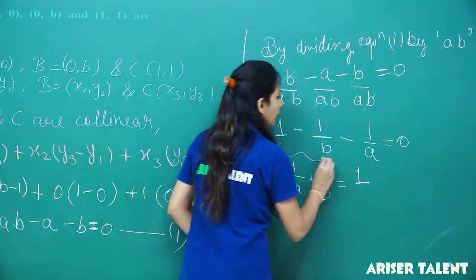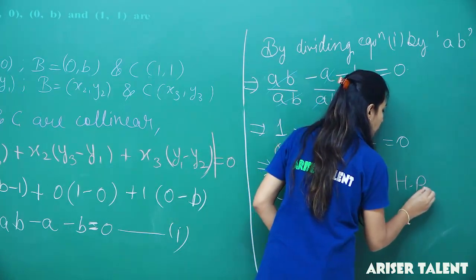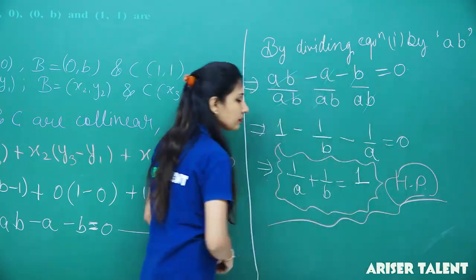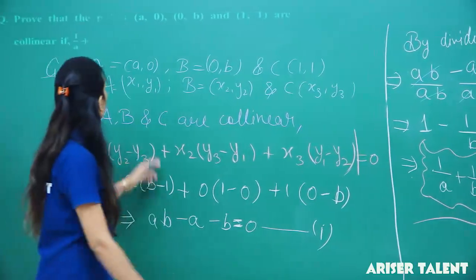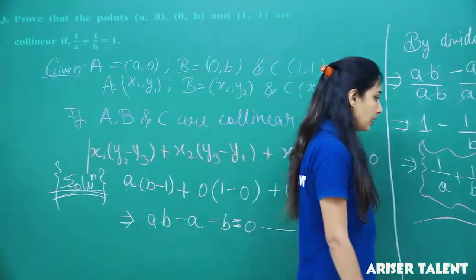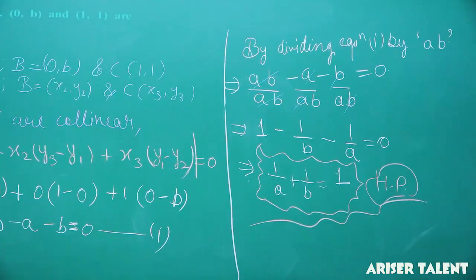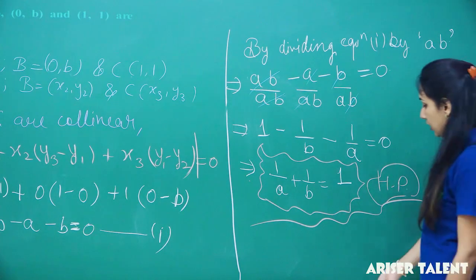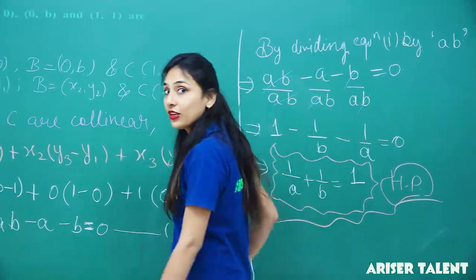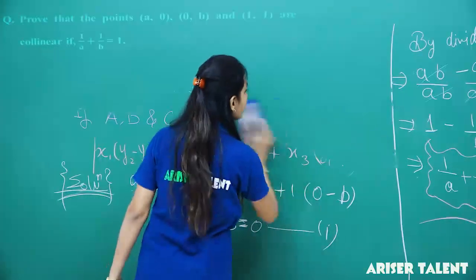If you look at the question now, this is what we had to prove. Now we have proven our thing. So note it, students, so that we can move forward.